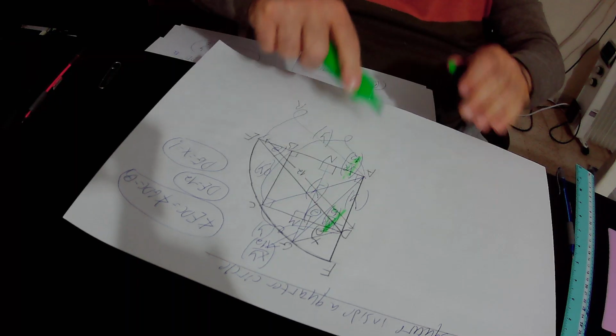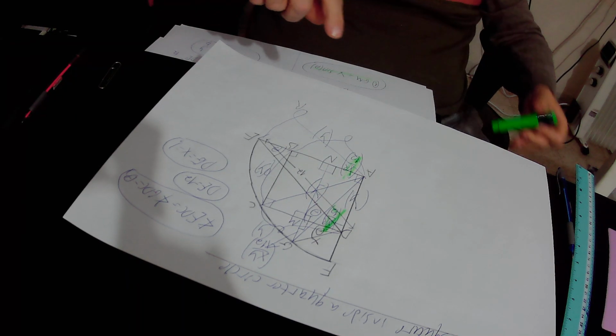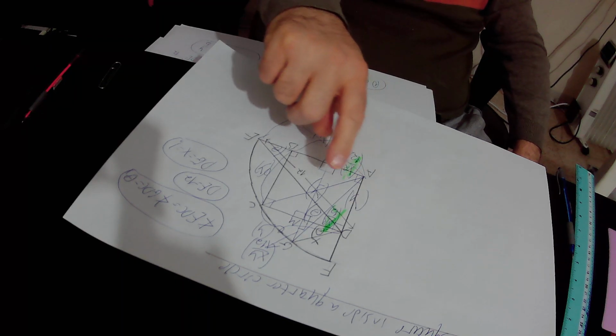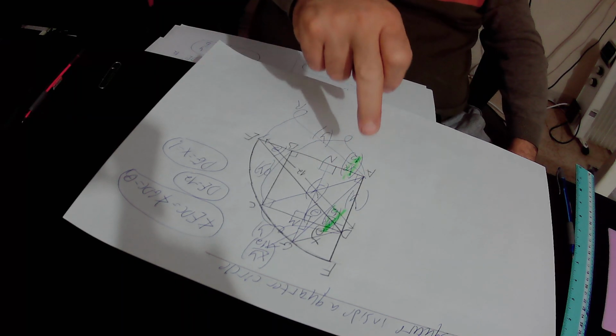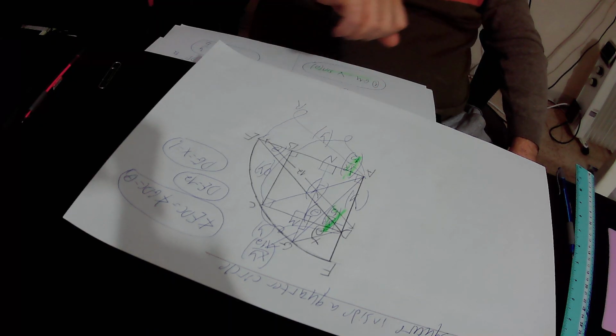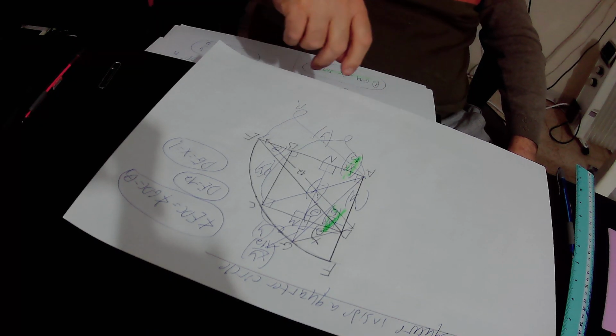Inside DMAN we have 4 right angles, so we can relate to this quadrilateral as a rectangle. You also know that the opposite sides of a rectangle are equal to each other.